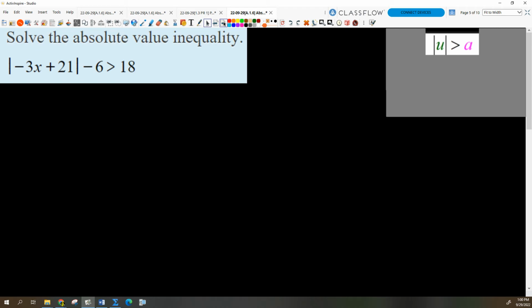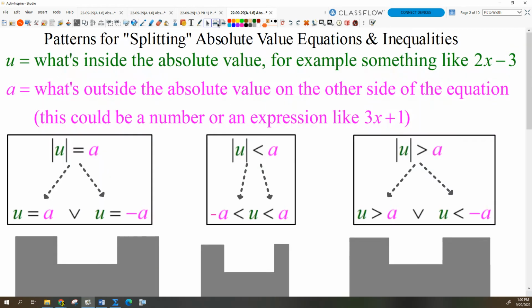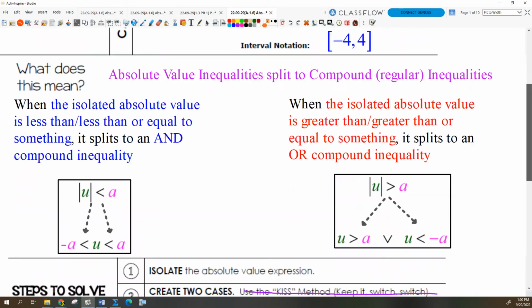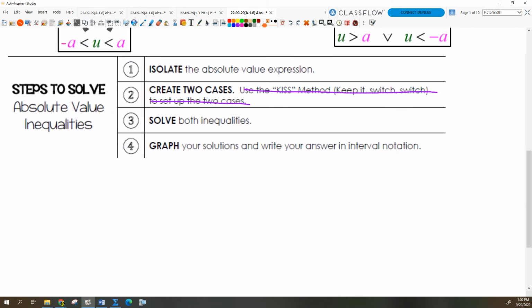Carson, what am I doing here? So what's the first step when we're solving any absolute value equation or inequality? What do we do first? Let's go back a little bit. What do we always do first?